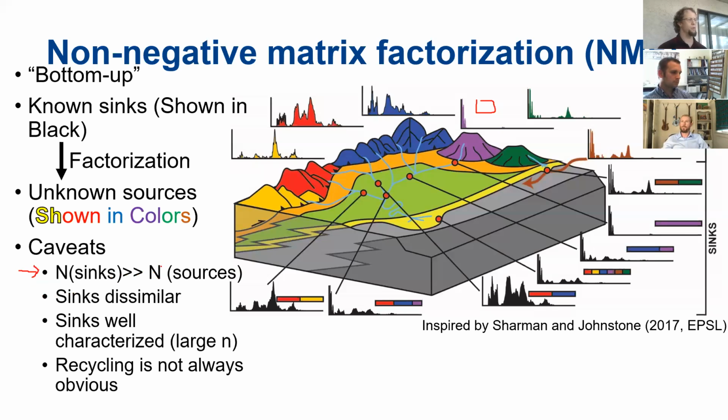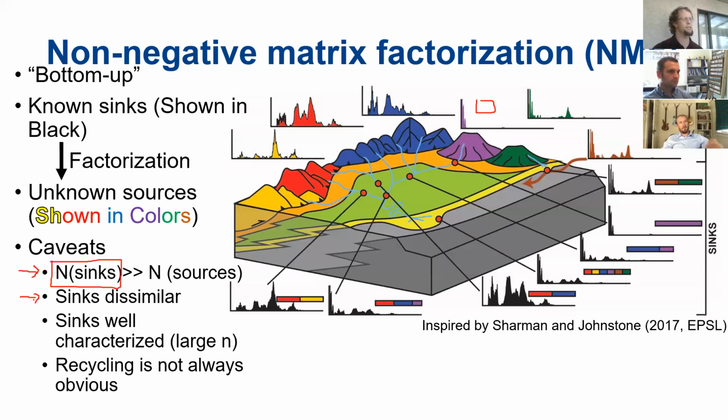But the inverse of that is that if I've got lots of sink samples, lots of basin samples, then that gives this method power. The method is most powerful when you have lots and lots of data to throw at it. It's also most powerful when those sink samples are fairly dissimilar.